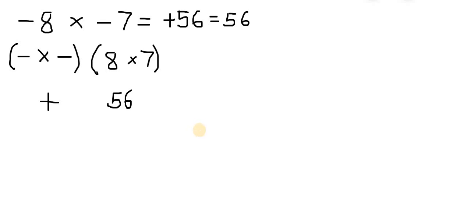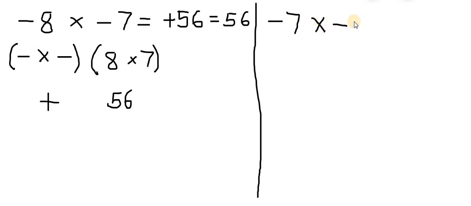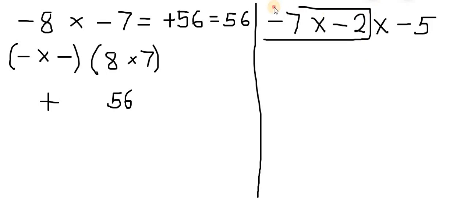Okay? Now, you might be thinking, what happens if there's three numbers? So minus 7 times minus 2 times minus 5. Okay? What you do is, you do 2 first. Okay?